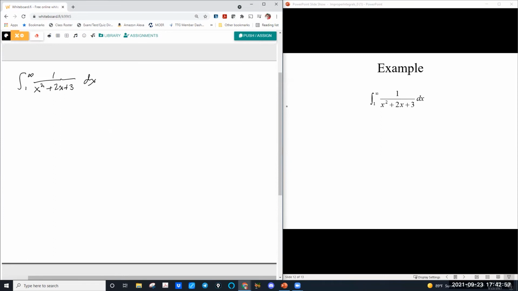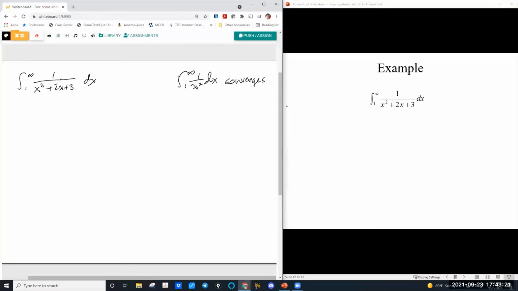So I'm going to try and compare it to the integral from 1 to infinity of 1 over x squared dx, which we know converges. So I'm going to try and show convergence. That means I need to show that this guy on the left is less than or equal to this guy.